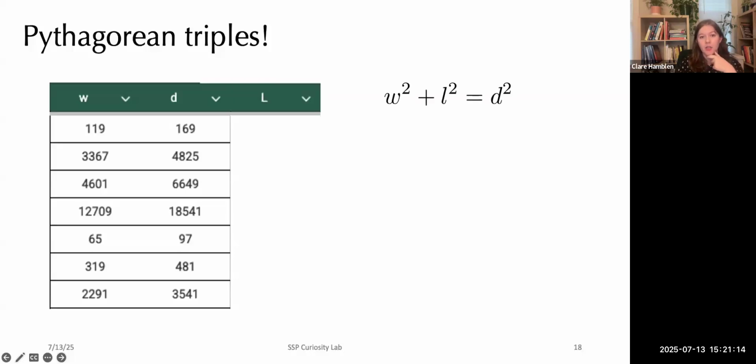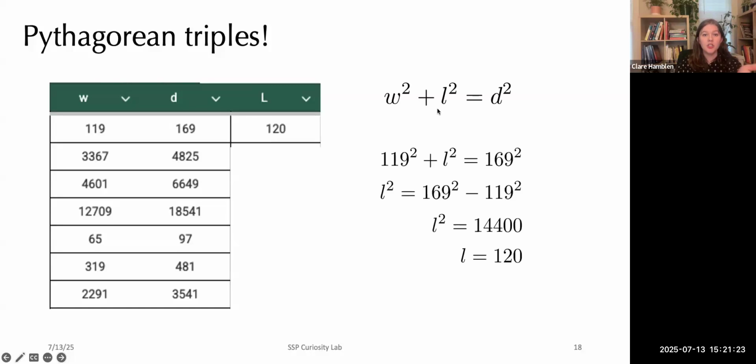If we use the language, the width and the diagonal, and we use that in the Pythagorean equation here, we can calculate the values that would be predicted as the missing one in the triple. In the first row, for example, using 119 as the width and 169 as the hypotenuse, we can calculate that L would be equal to 120. First of all, those 3 numbers, 119, 120, and 169, are a Pythagorean triple.